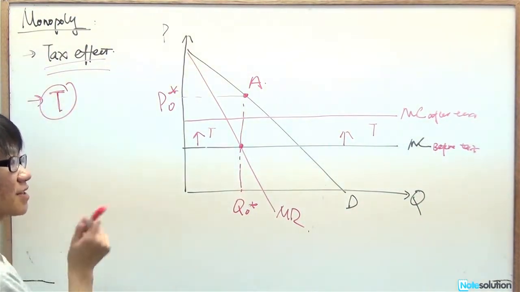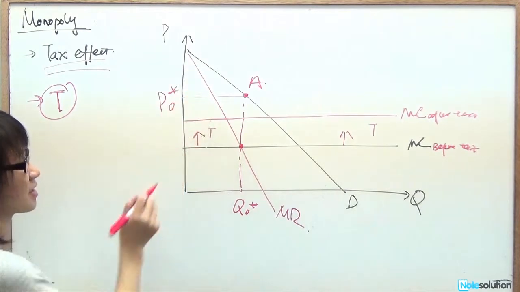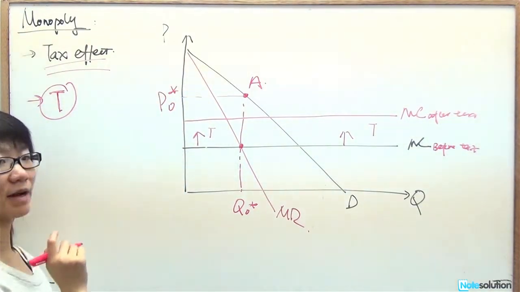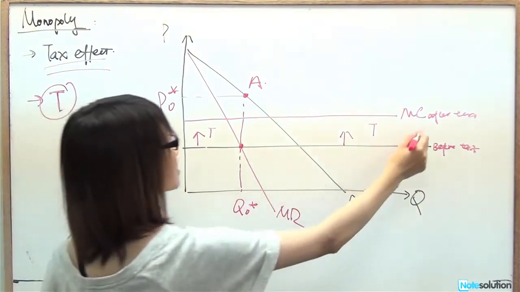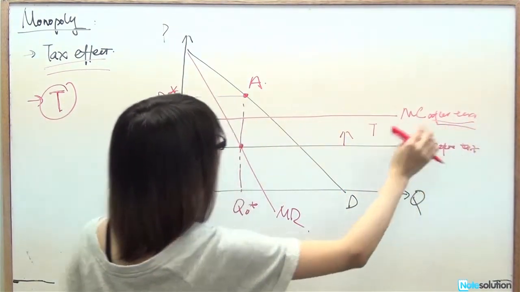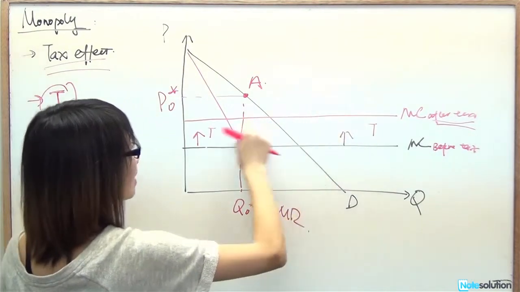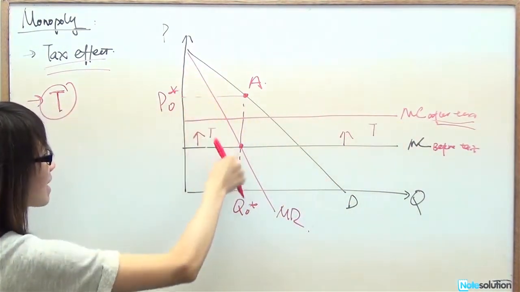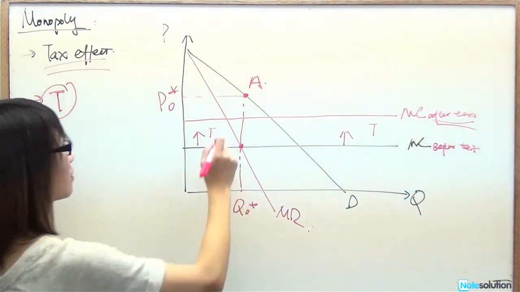Again, after tax, we still need to find the intersection of the marginal revenue and the marginal cost. But now the marginal cost we use is the after-tax marginal cost curve. This new horizontal line is our new marginal cost curve after tax, and the downward sloping marginal revenue.